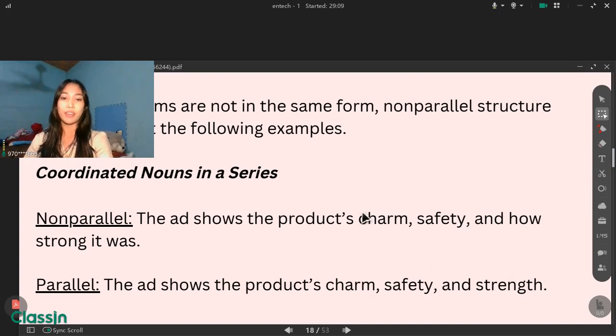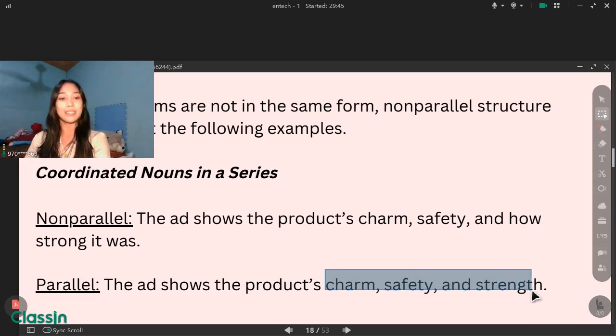Notice that charm and safety are abstract nouns, and the last one, how strong it was, is very descriptive and wordy. Therefore, we need to get to the point and simply say strength instead of how strong it was to make it parallel. So our parallel sentence would now be: The ad shows the product's charm, safety, and strength.